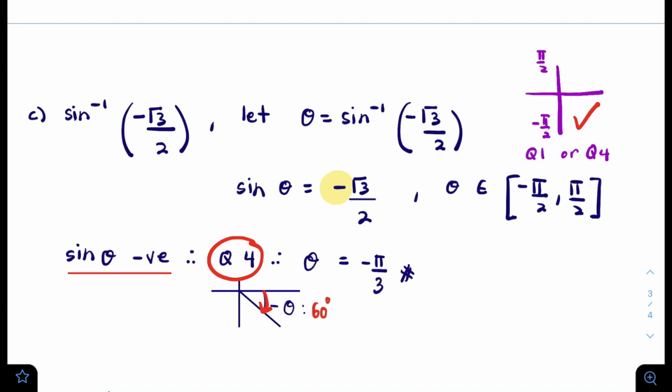Very good. But because you want a negative angle, you put negative 60 degrees. Because this question asks for the exact value, you put your answer in radian, which is equivalent to negative pi over 3. If you have a question, we'll discuss in class.